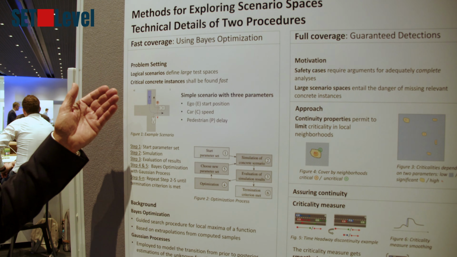And the first procedure goes in a loop by choosing some sample points for simulation and evaluating these simulation results which have been achieved, then choosing new, better points which give us a handle on the potentially critical situations which might evolve.